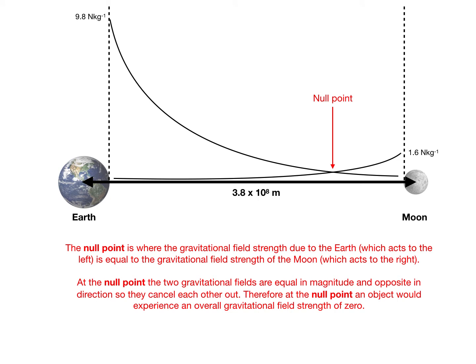This point can be called a null point, where the net g would be 0. And it is the null point that this question is asking about. Where is it?